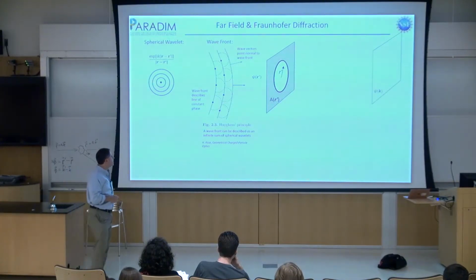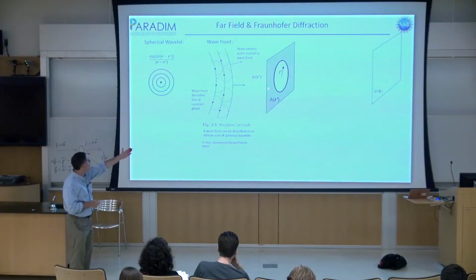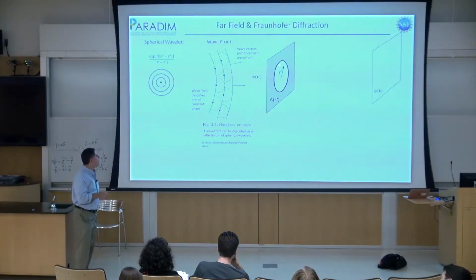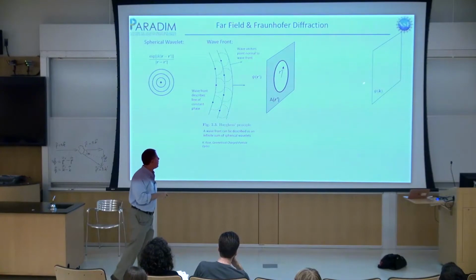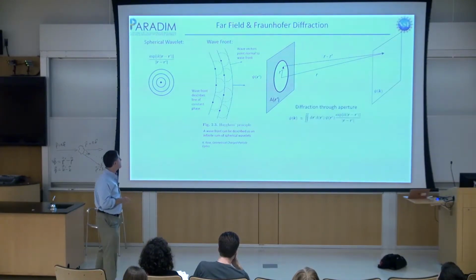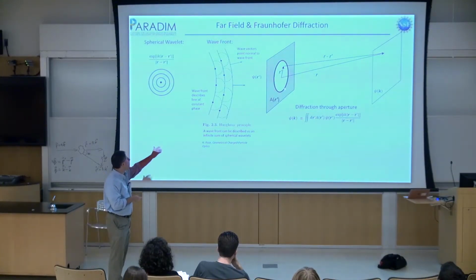So the result is, if I have some object and I send a parallel beam through the object, each point in the object produces an outgoing spherical wave, and then I have to coherently add up all those outgoing spherical waves in phase when I come out to an object that's far away. So here we are, the object, the wave went through the object.